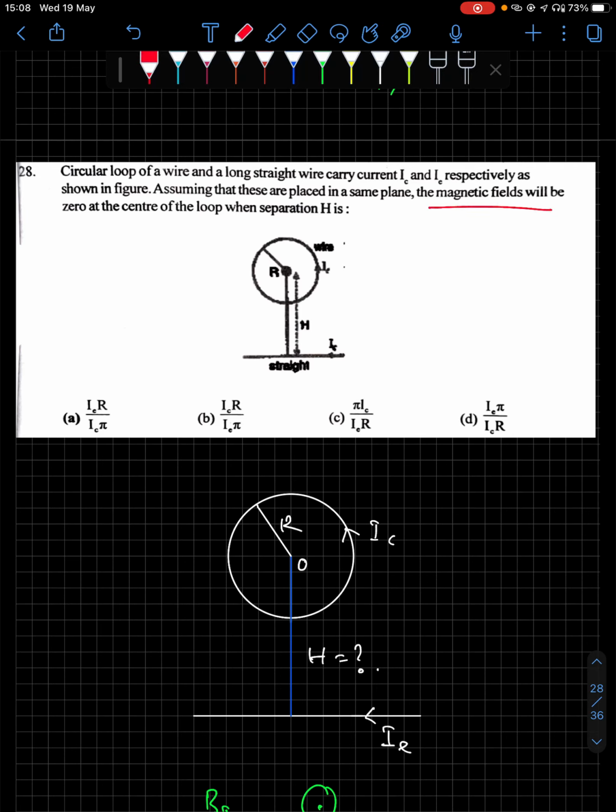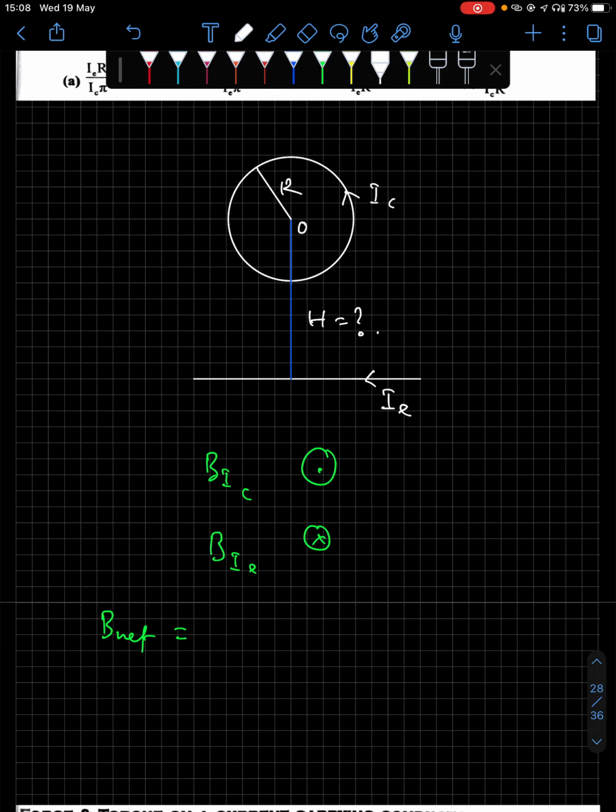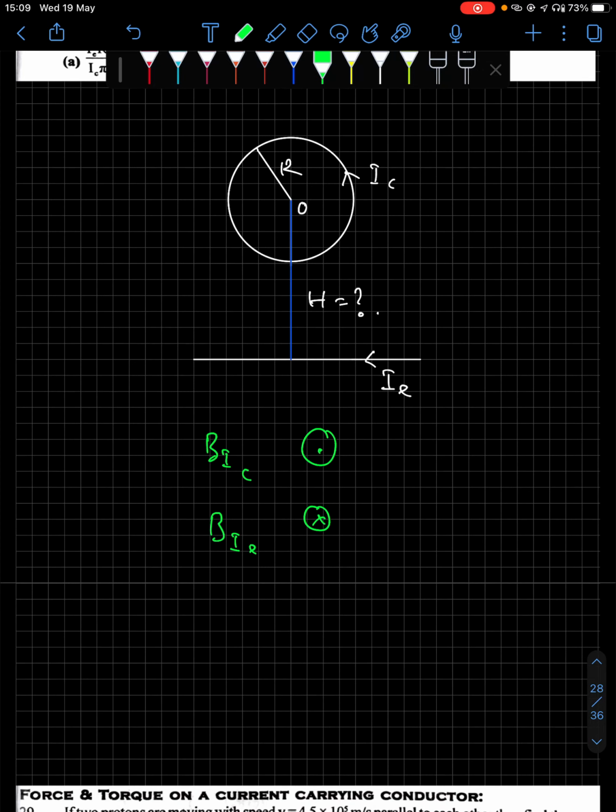Anyway, for what value of H will the magnetic field at the center at O be 0? That is your question. Since these two fields are oppositely directed, we are not supposed to find out B net. You are supposed to find out the value of H for which the field at O will be 0.